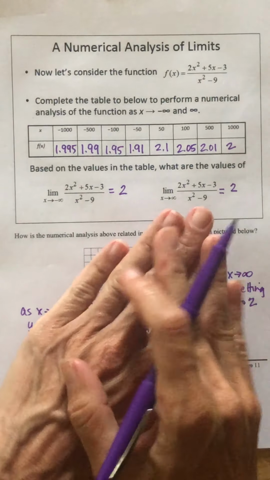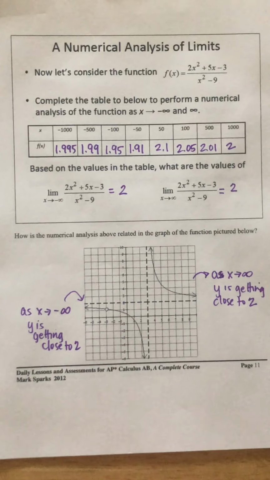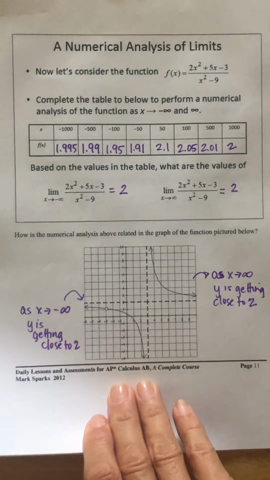So again, if you didn't have this graph and you just had your calculator and you threw the table in, it might be easier just to read it off the table. But if the graph's in front of your face, sometimes it's easy to read it off of that. Good?